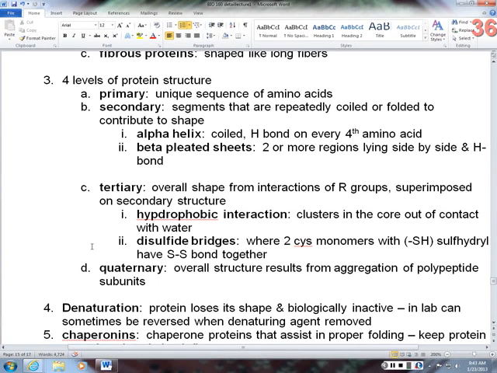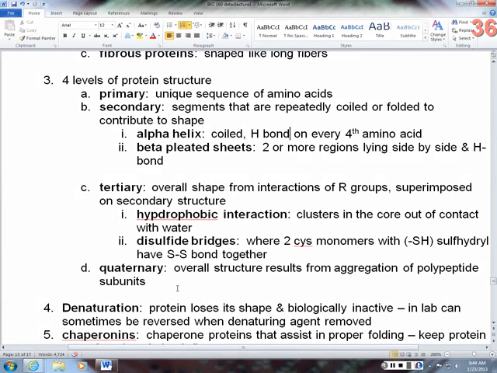And then your quaternary structure is the overall structure that results from aggregation of polypeptide subunits. So when you make these polypeptides, you've folded up your paper. Maybe you want to make some fancy animal that takes 2 pieces of paper to make. You make the head with one and the body with the other. You can think of that as your overall final structure, with it being multiple polypeptides.